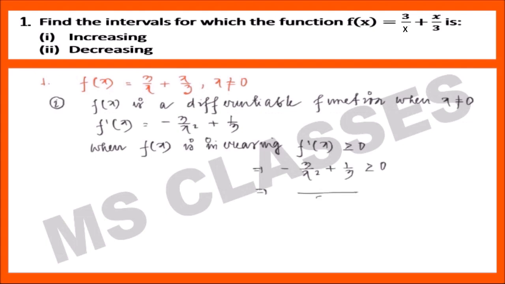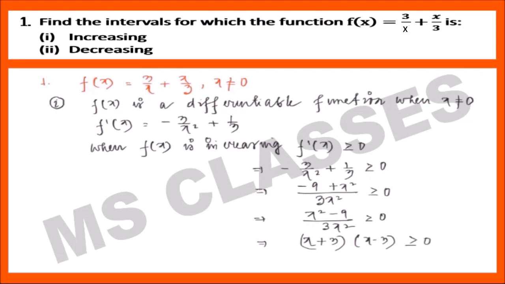On simplification, this is (x square minus 9) by 3x square greater than or equal to 0. Now (x plus 3)(x minus 3) by 3x square is greater than or equal to 0.